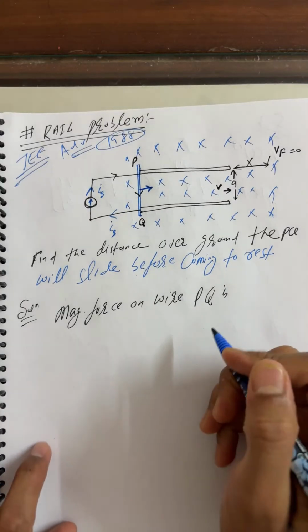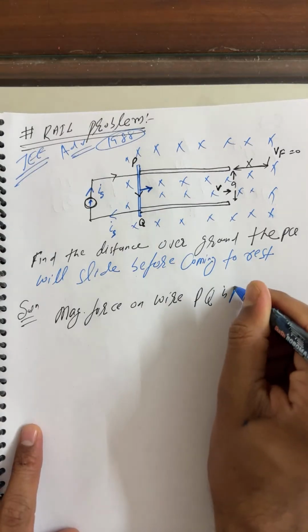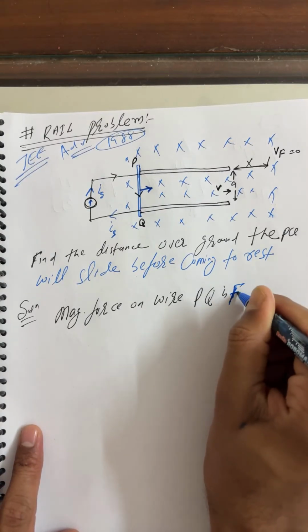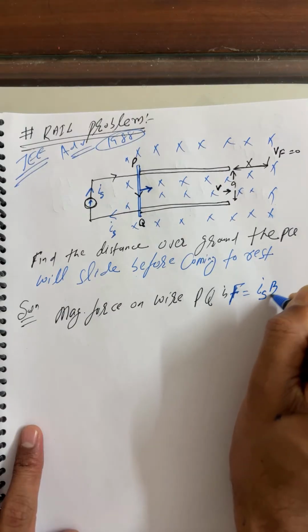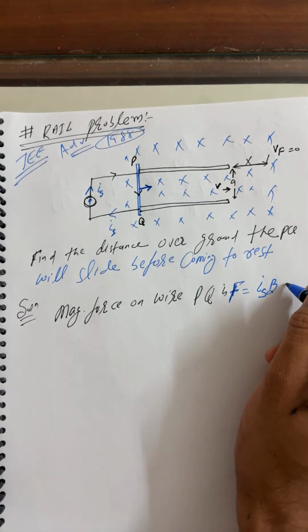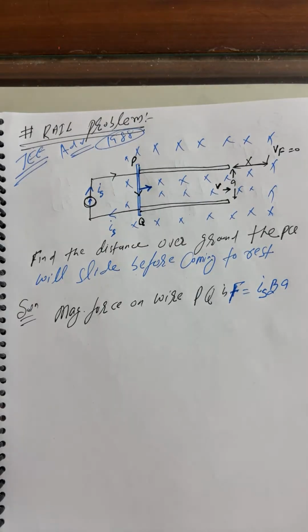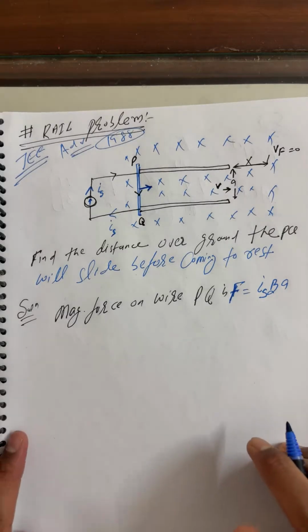So here I'm going to use F equals ILB. Simply I used the formula of ILB, right? F equals ILB, my dear.